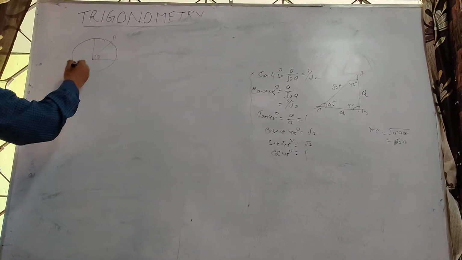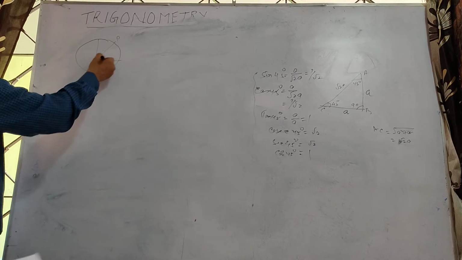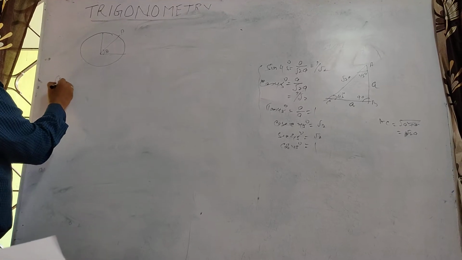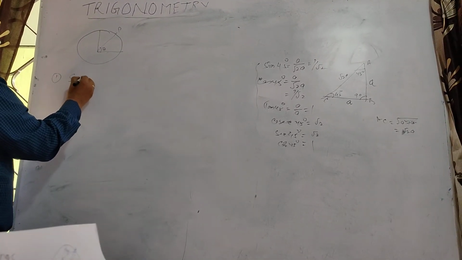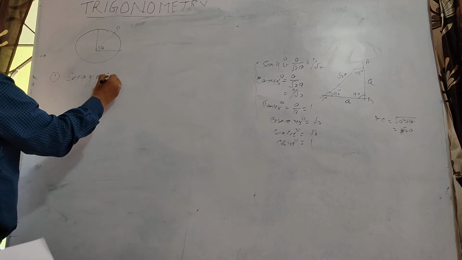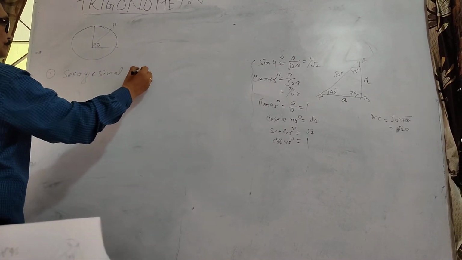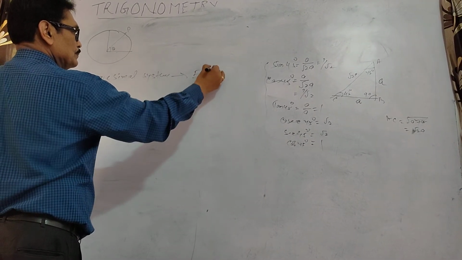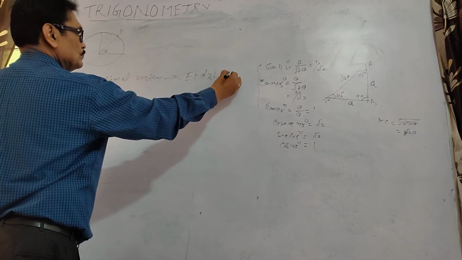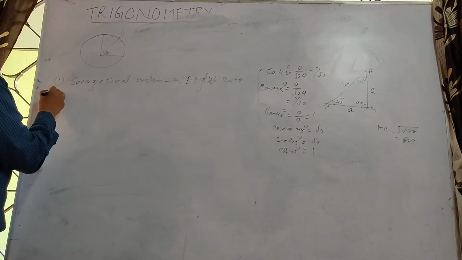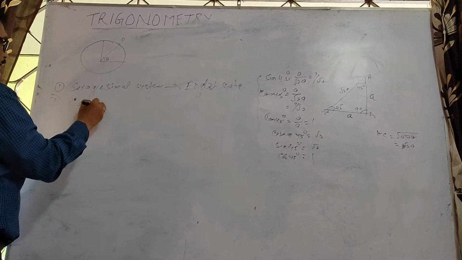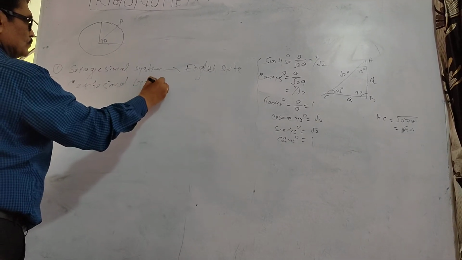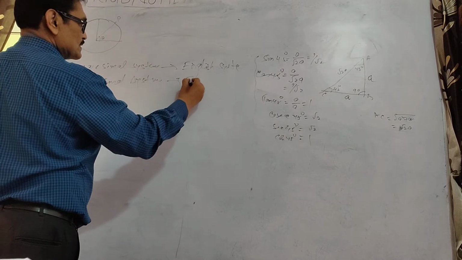Measurement of theta: this theta can be measured in 3 systems. The first system is the sexagesimal system, that is the English system. The second one is the centesimal system. This system is the French system.